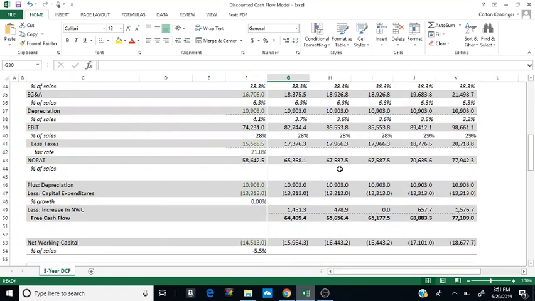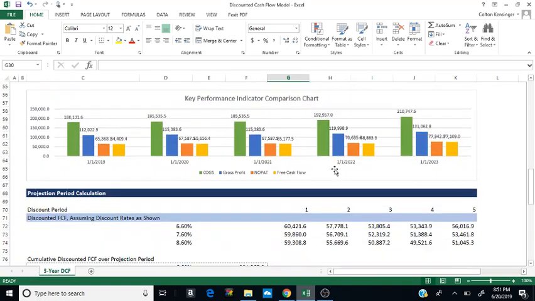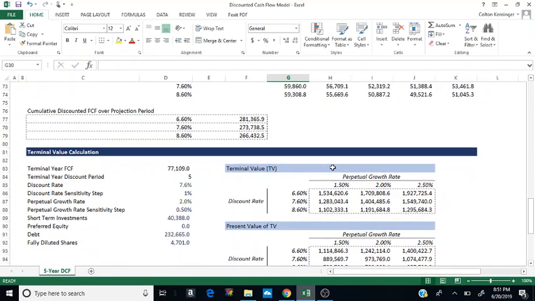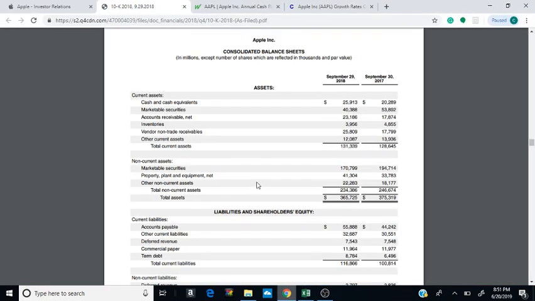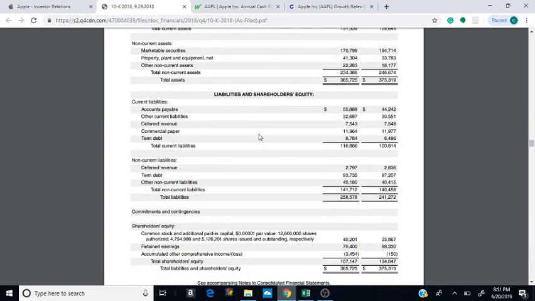Coming down here, there's one more adjustment we have to make to the model to get an accurate answer. I already had this inputted just to make sure I didn't miss it. Short-term investments, we can find this in the 10K.